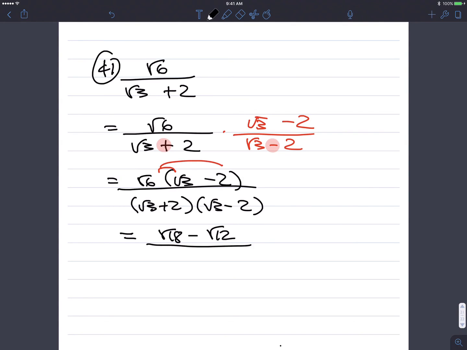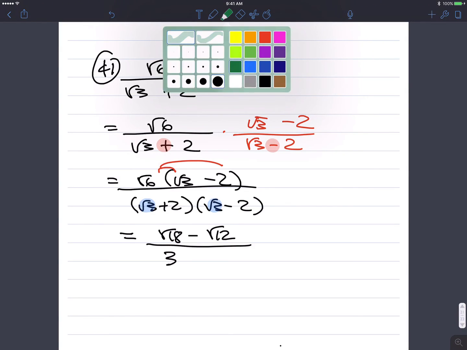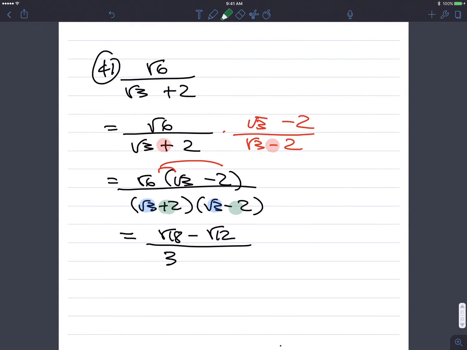Over, square root of 3 times square root of 3 is going to be 3. Positive 2 times negative 2 is negative 4. So we get the square root of 18 minus the square root of 12 over negative 1, which gives us negative square root of 18 plus the square root of 12.